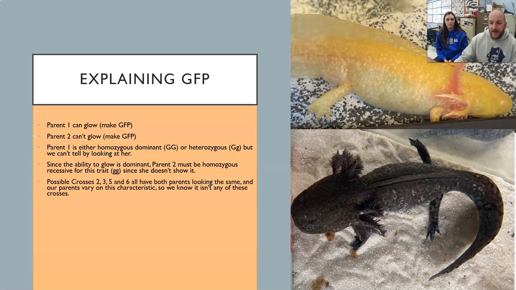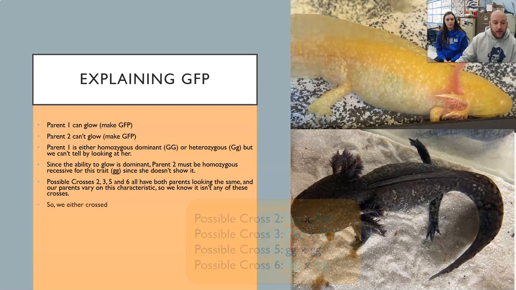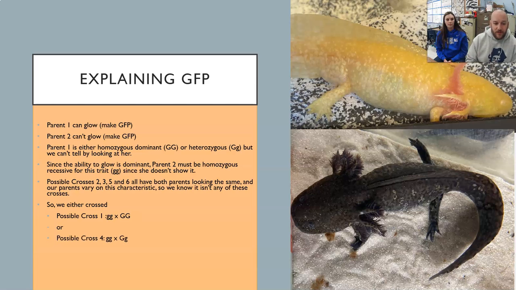So we can again go through and eliminate several of our possible crosses because they have either both parents able to or both parents not able to show it. And so we know we either crossed the homozygote recessive times the homozygote dominant or the homozygote recessive times the heterozygote. This is just like melanin, coming back through one more time. It's a very similar situation. So we don't know which one it is.